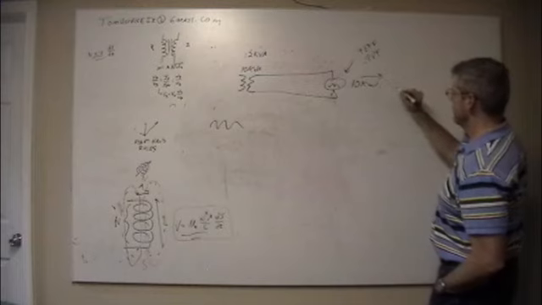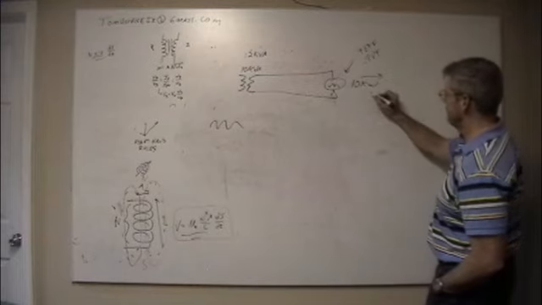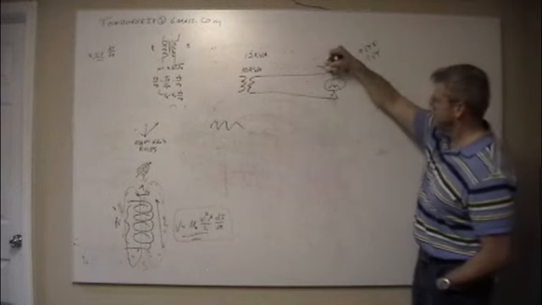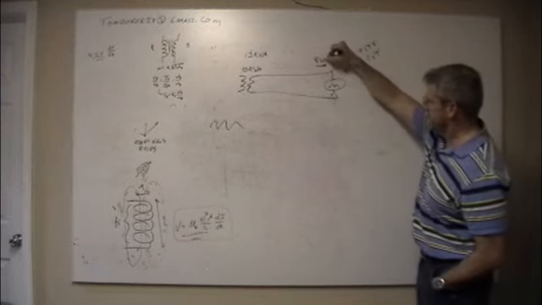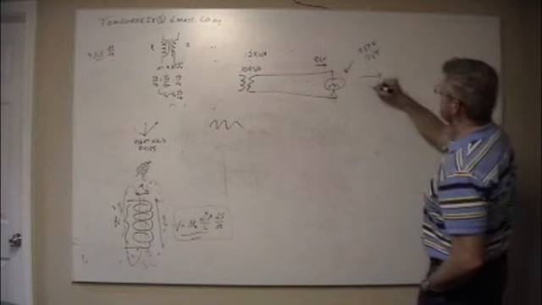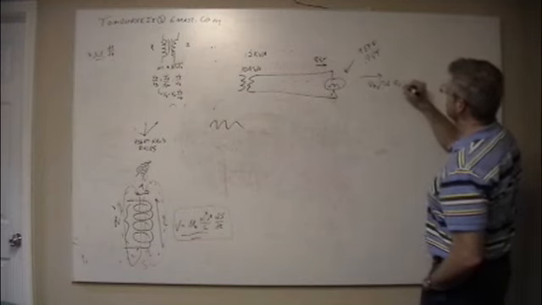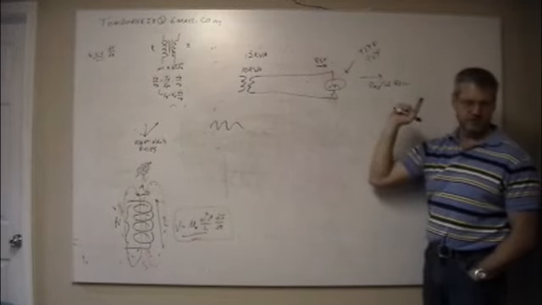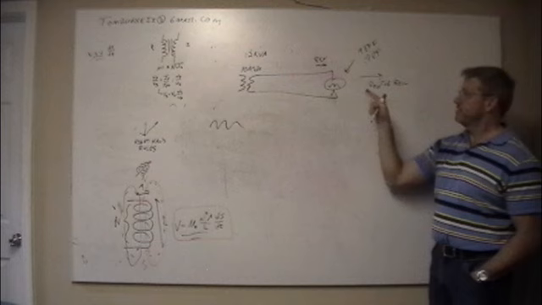That means coming out of here, if I want 10 kilowatts of power, I'm only going to get 0.6 of P in, P out, about equal 0.6 P in. So I'm going to get about 60% overall efficiency through, because of power factor.